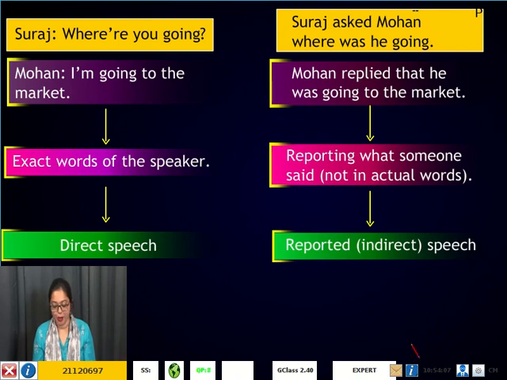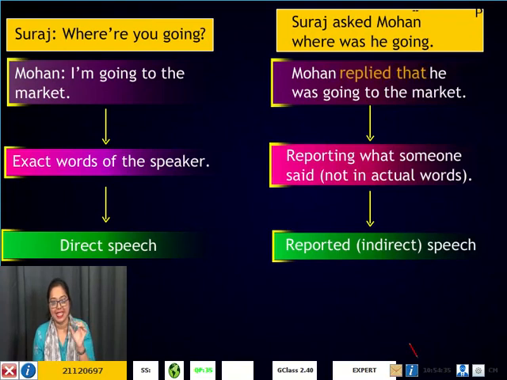Great. Now have a look at the next thing. Here on the right hand side, asked is highlighted. When someone asks us a question, in indirect speech we convert it accordingly. Was and he are also highlighted.